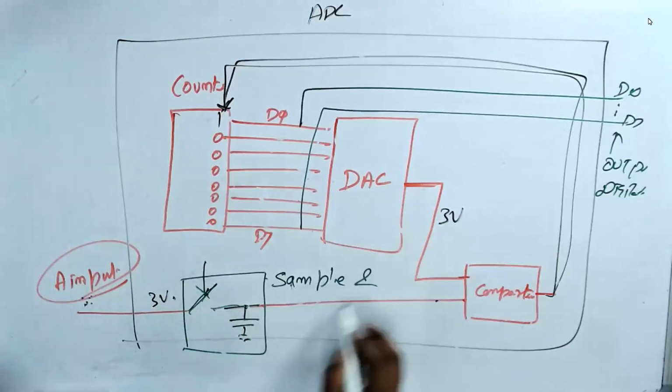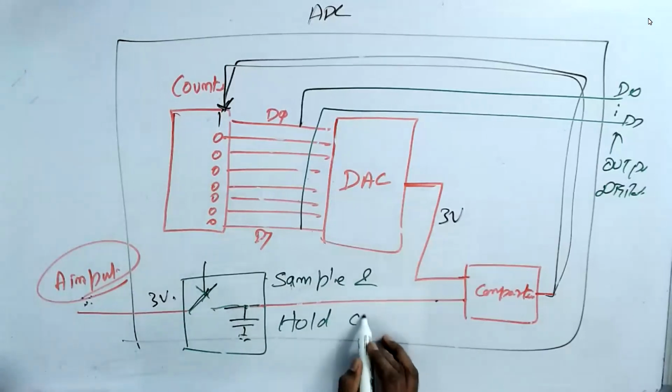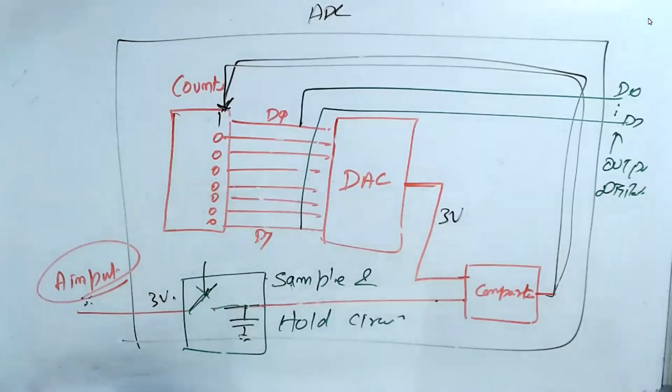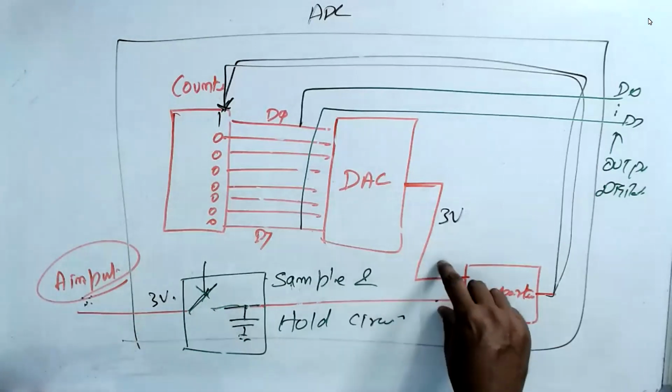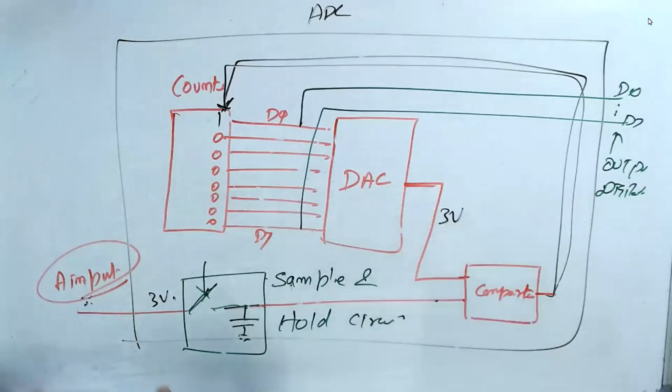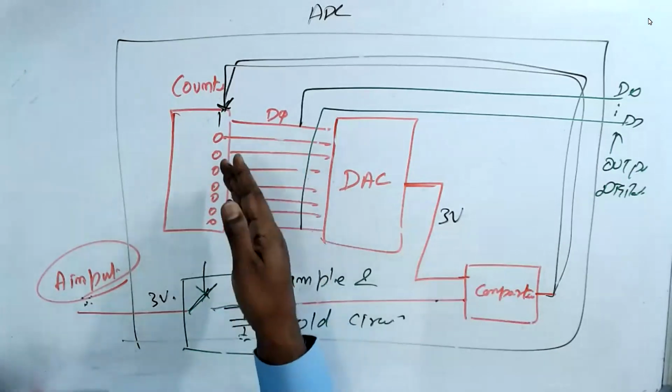So this is called a sample and hold circuit. Why do we have to sample? Otherwise, the input will be changing, so the comparator will never become the same. That's why I take the sample and keep it on the capacitor, and these things happen in a very short time.